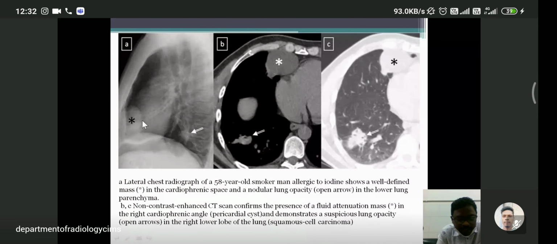In this X-ray, we can see there is a well-defined lesion noted at the pleuropericardial recess. On the CT, we found there is a fluid density lesion adjacent to the pericardium. So that was the case of the pericardial cyst.